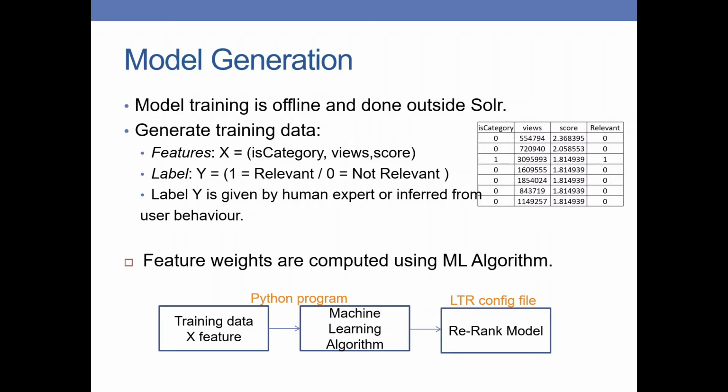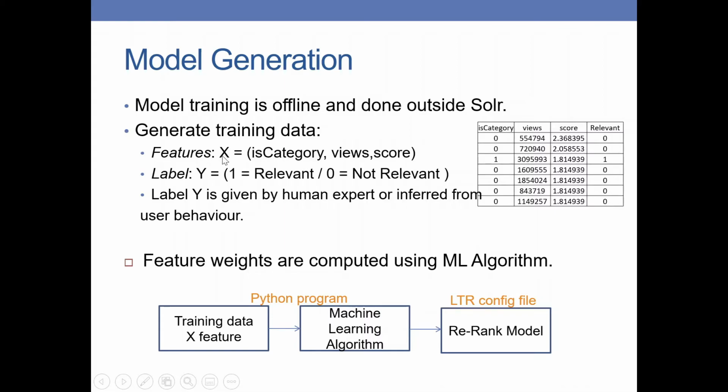Once we are able to extract the features as a CSV file in this kind of format, here I have used three features: is category, views, and score for this demo. And I have manually added relevance as a labeled value or a target value.